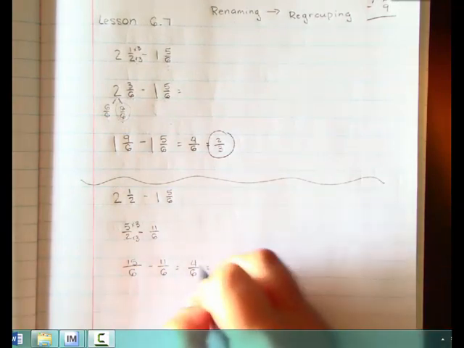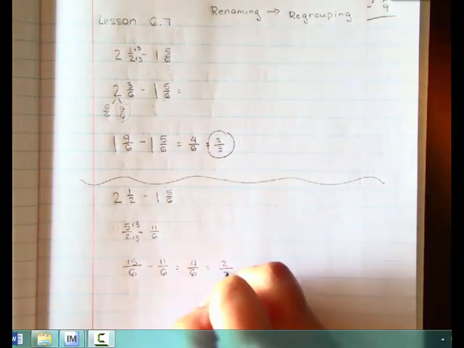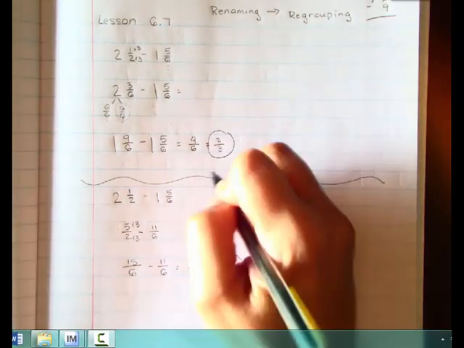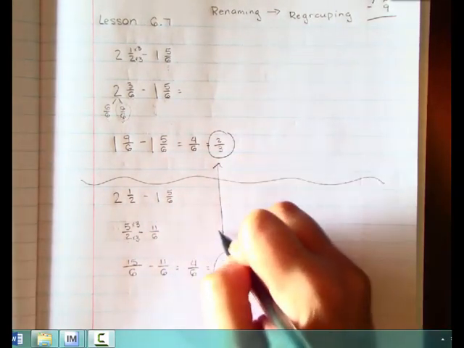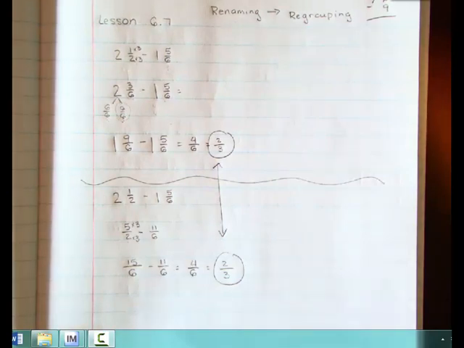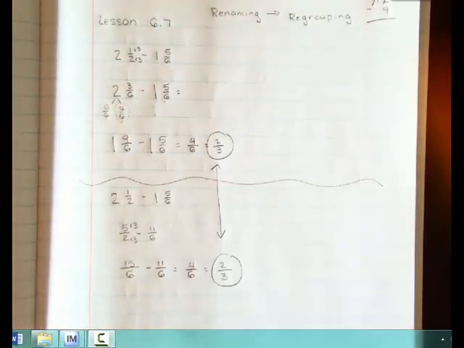Of course, we have to simplify it again by 2. 4 divided by 2 is 2. 6 divided by 2 is 3. So we end up with the same answer, regardless of which way you choose to do it. Both methods are acceptable. Both methods work. You just have to make sure you find that common denominator in order to do it.